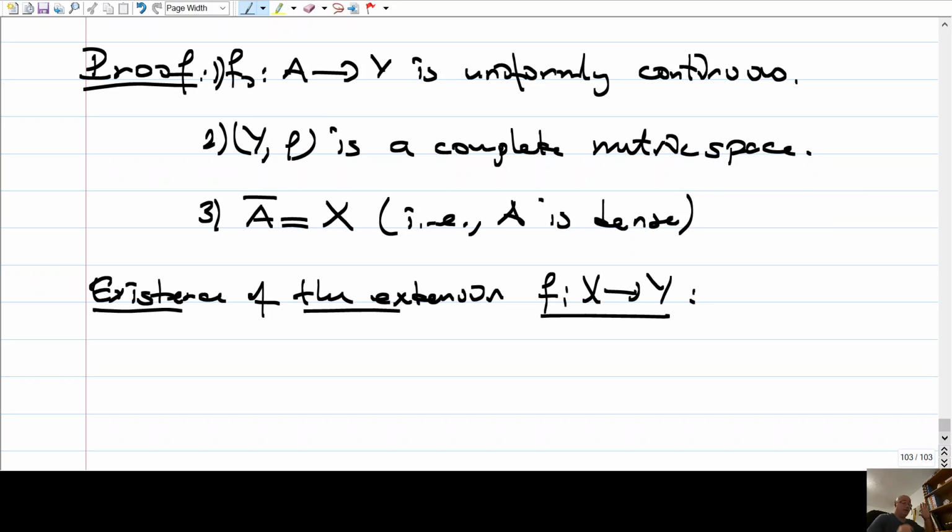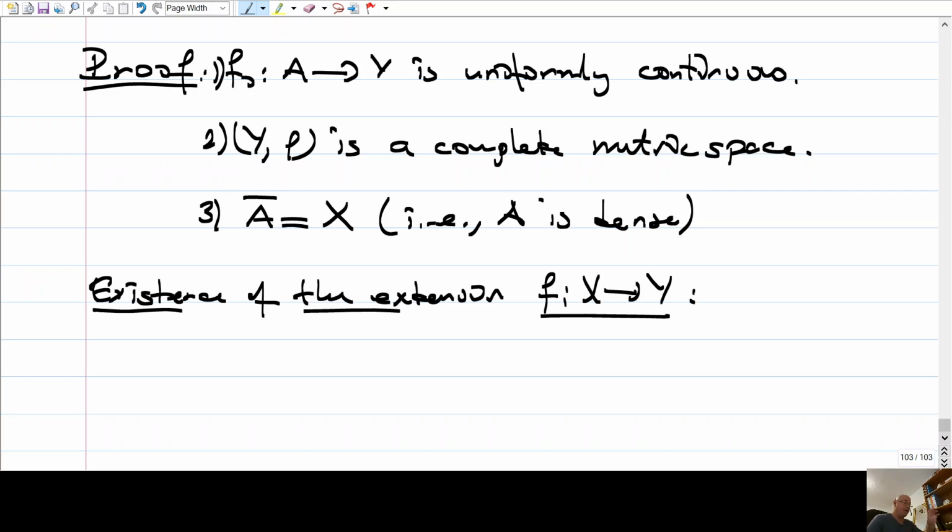At an irrational number, always keep in mind that we are in the following situation. X and Y, let's say, are real numbers, and A is the set of rational numbers, and I have a function defined on rational numbers which is uniformly continuous, and I want to extend this function to all real numbers.